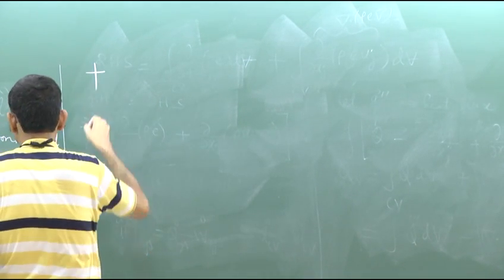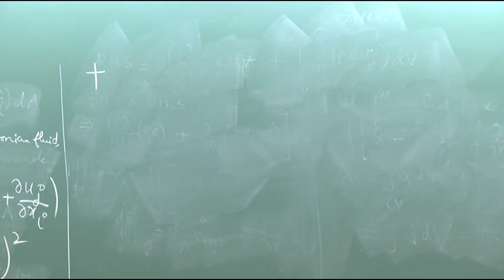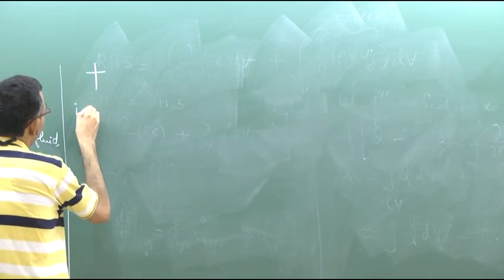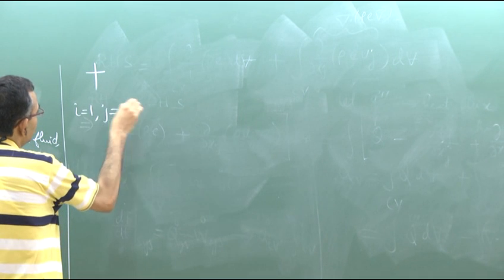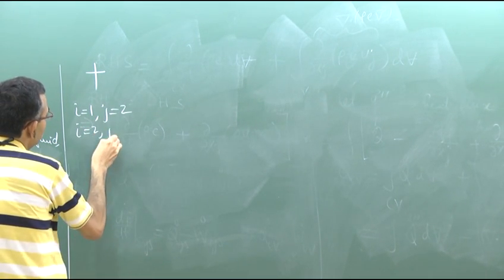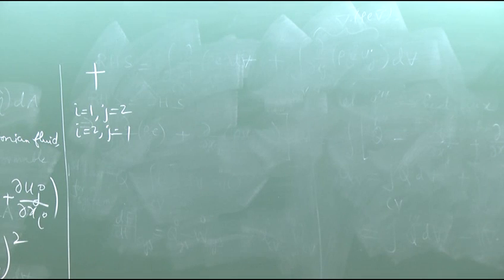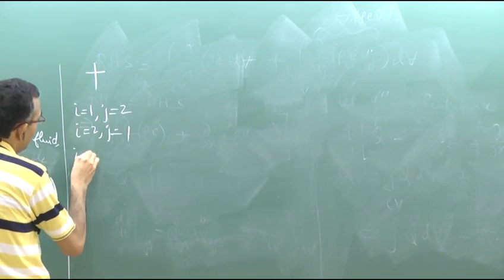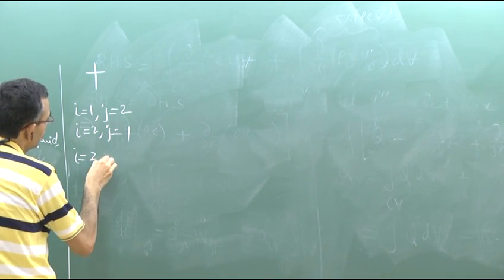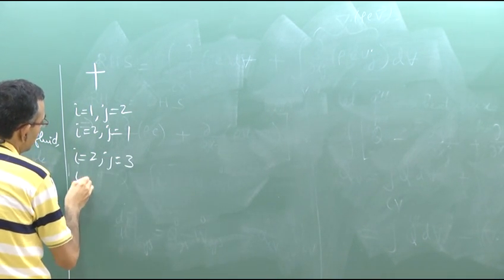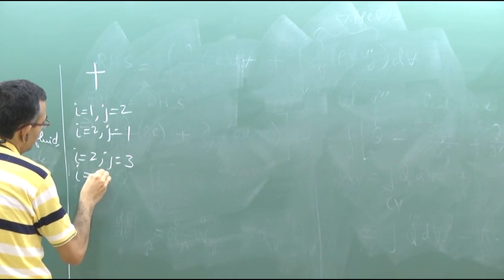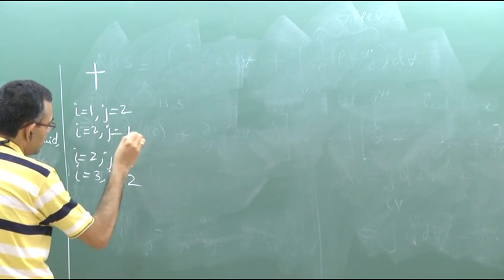So here we will write several terms. First i equal to 1, j equal to 2, i equal to 2, j equal to 1. This is one set. Then i equal to 2, j equal to 3, i equal to 3, j equal to 2. This is one set.